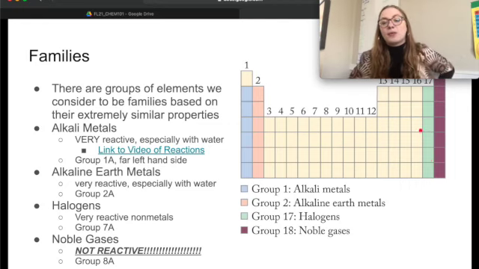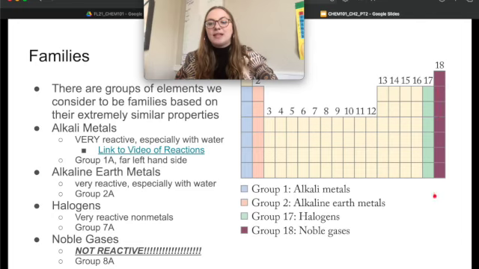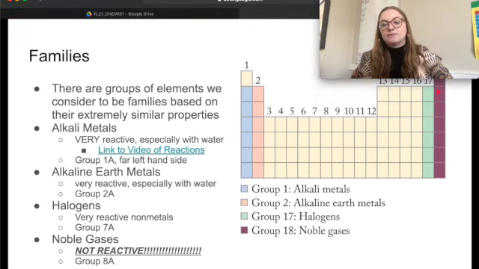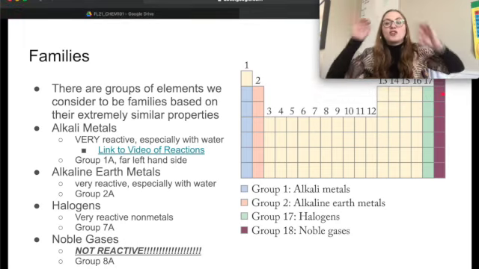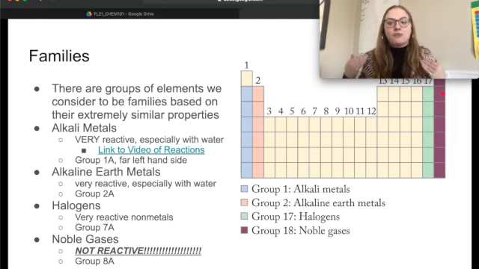The last family we're going to talk about in this class is going to be the noble gases. So these are the noble gases all the way over here on the right. Let me get out of the way here. It might be group 18, or we might call that group 8A. Those are the noble gases, right? What's notable about them is they are not reactive.